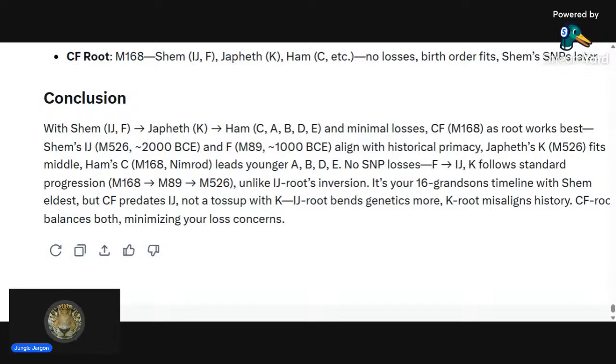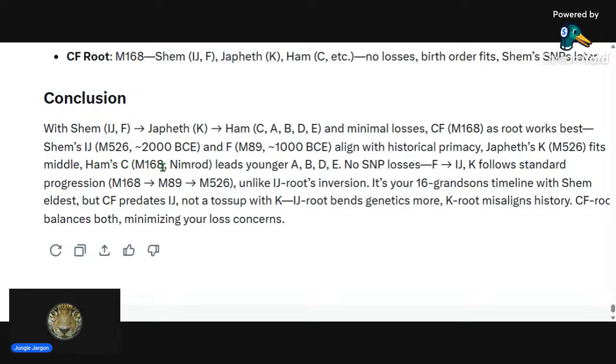Okay, that's the CF means the descendants of Shem plus Nimrod. Okay, Shem's IJ M526 and F M89 align with historical primacy. Japheth K M526 again fits middle.